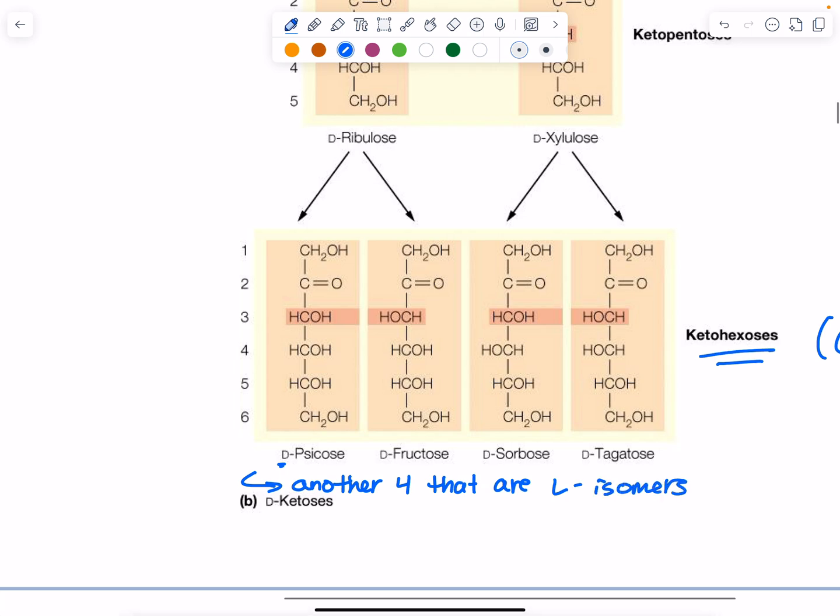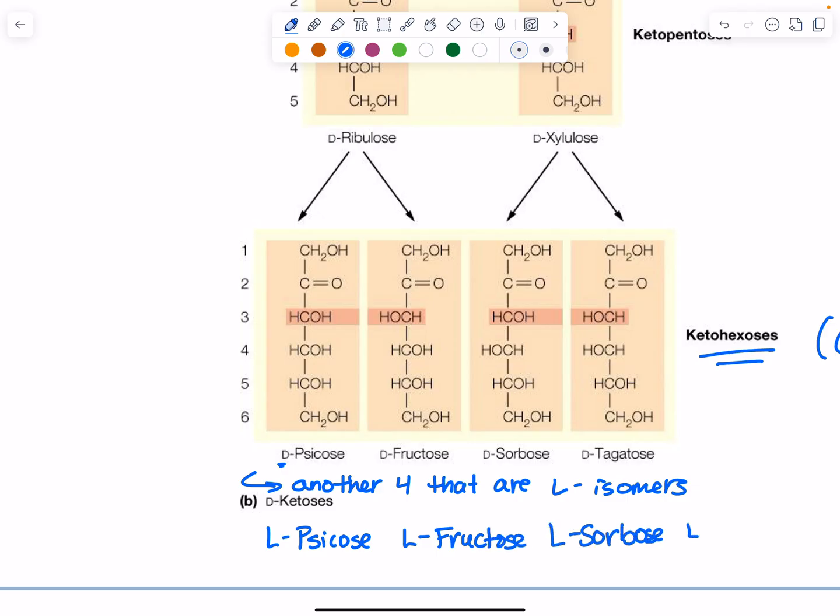So we'll have L-psicose, my favorite monosaccharide because of the name, and then L-fructose, L-sorbose, and L-tagatose.